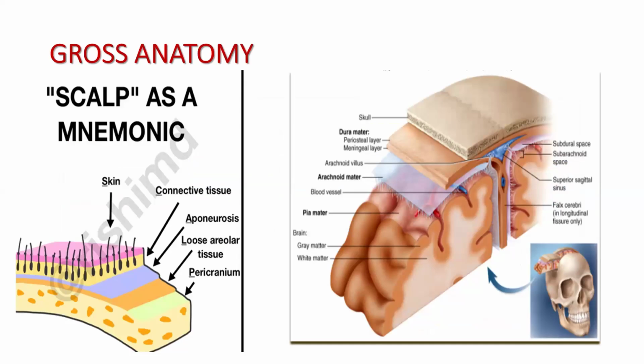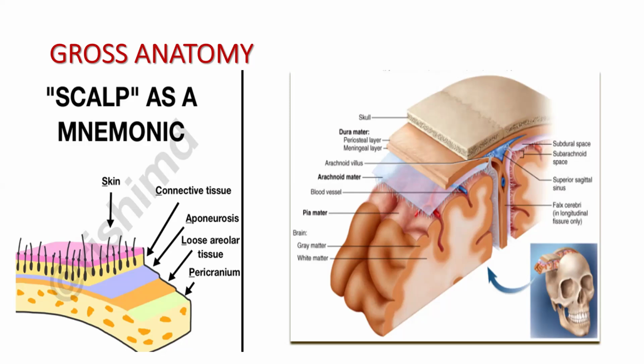So talking about the gross anatomy, we'll talk especially about the layers of the scalp. It is abbreviated as SCALP itself, and on top we have the skin, which usually is covered by hair, followed by connective tissue, followed by the aponeurotic layer, then loose areolar tissue, and then the pericranium.